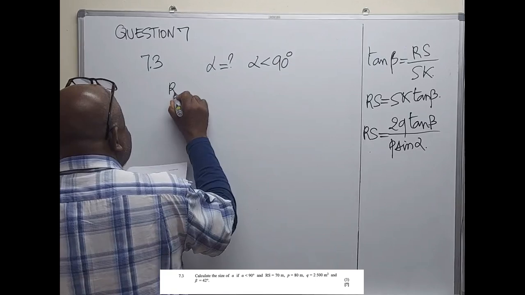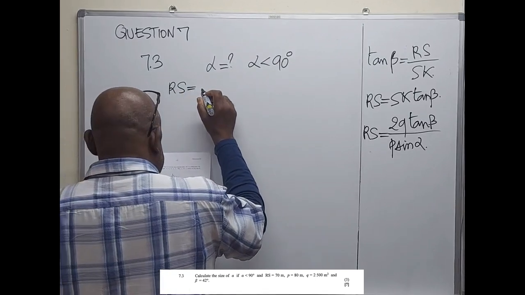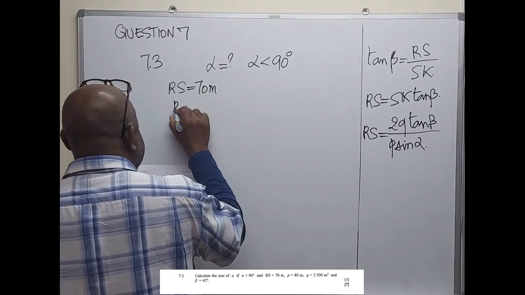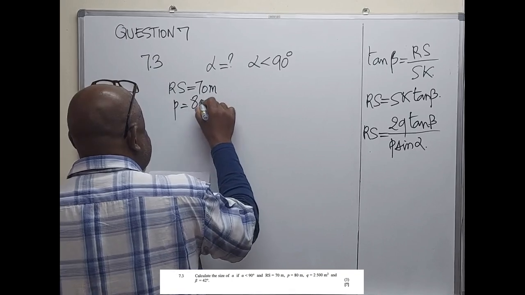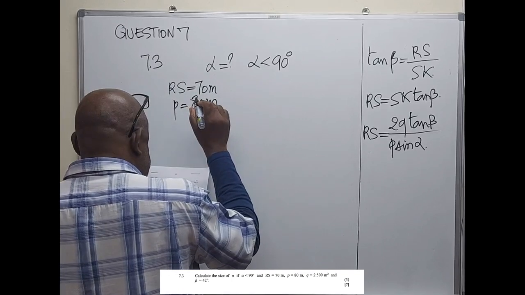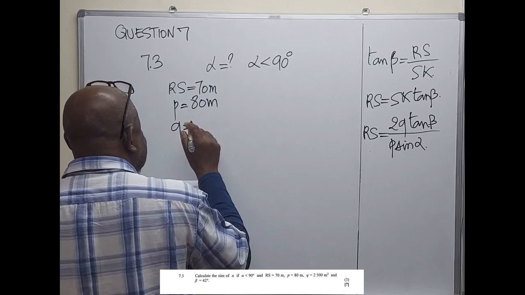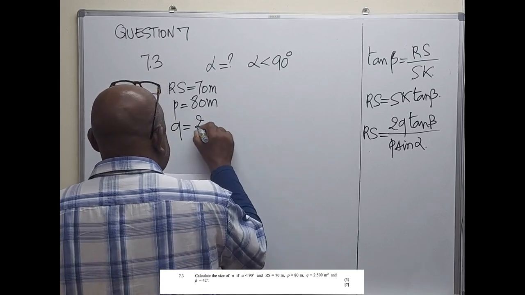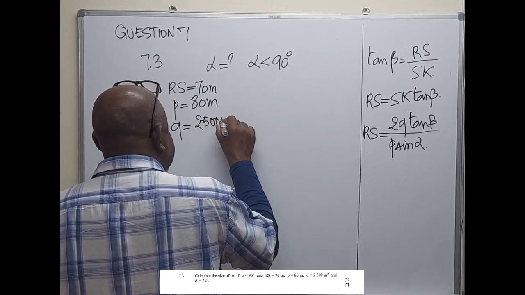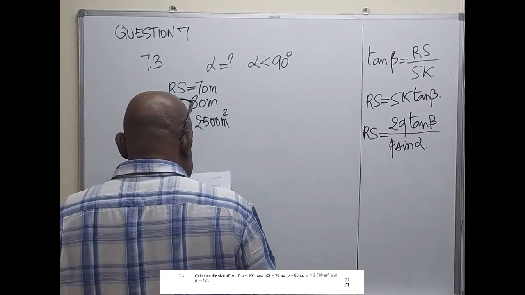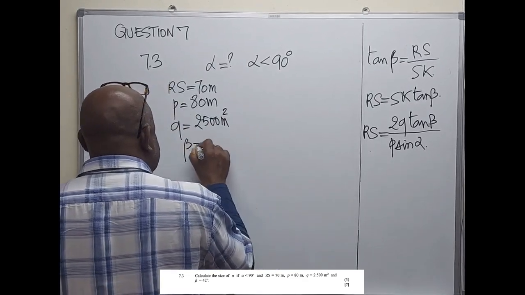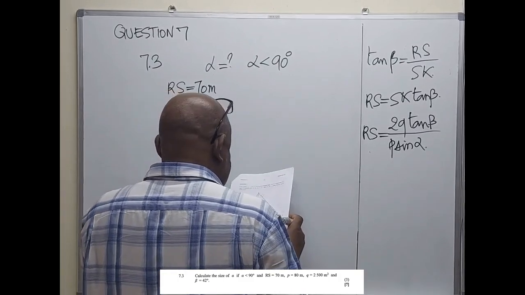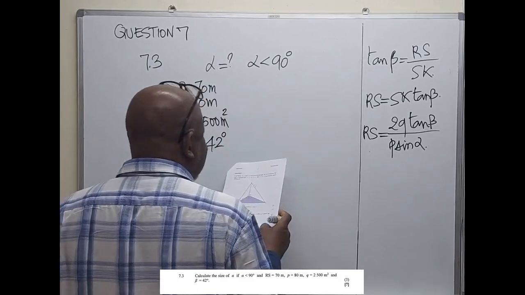They have given us the value of RS as 70 meters, the value of P as 80 meters, and the value of Q, the area of triangle STK, is given as 2,500 square meters. And the value of beta is also given, 42 degrees. So now the question is to get the size of alpha.